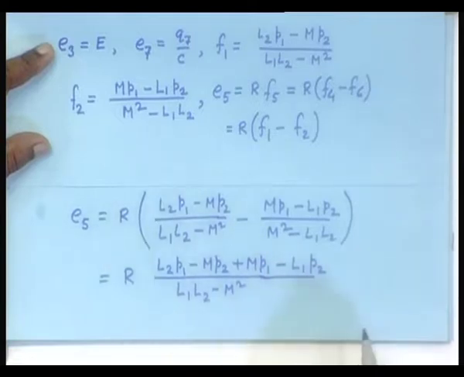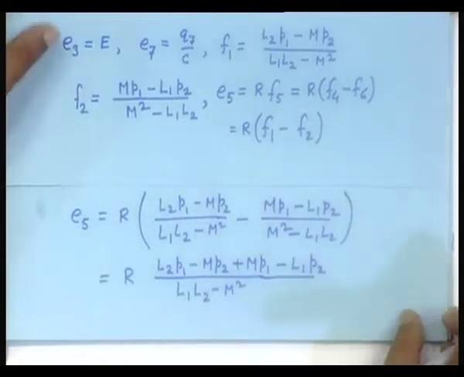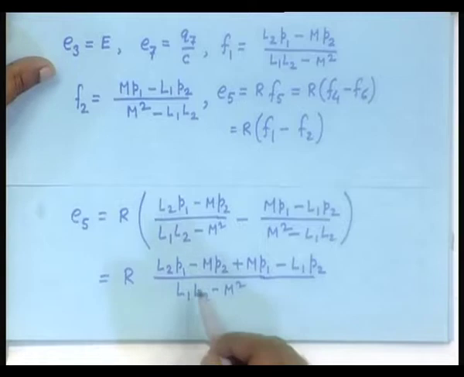Okay. Let's check, because I tend to make careless mistakes. So, please check. Fine. So, you have E5 and then we proceed to obtain the equations for each of these.